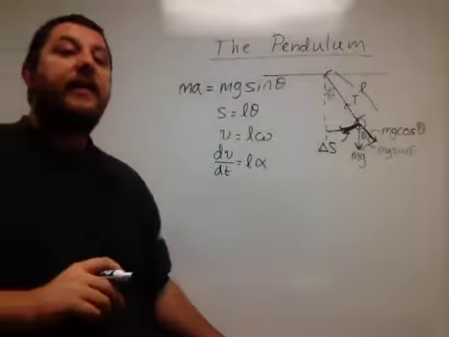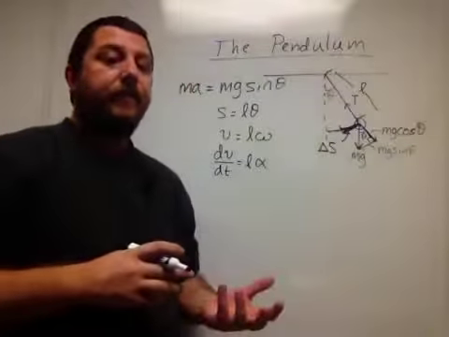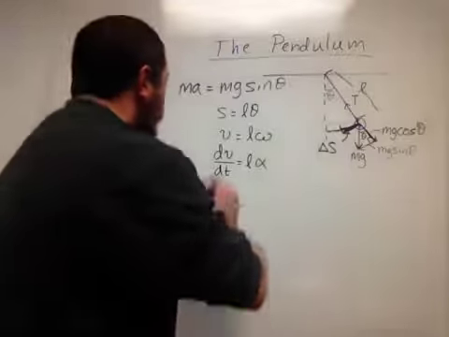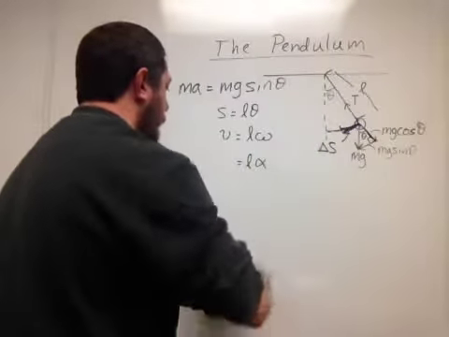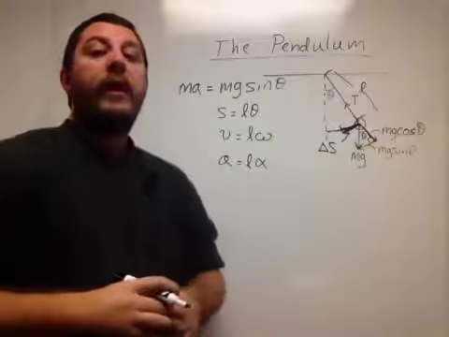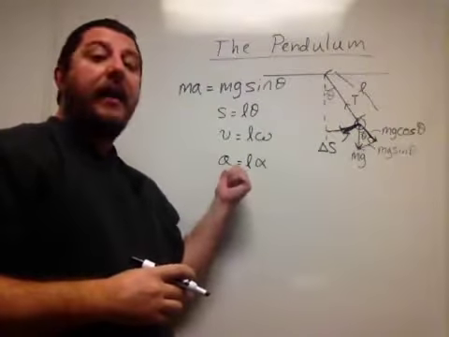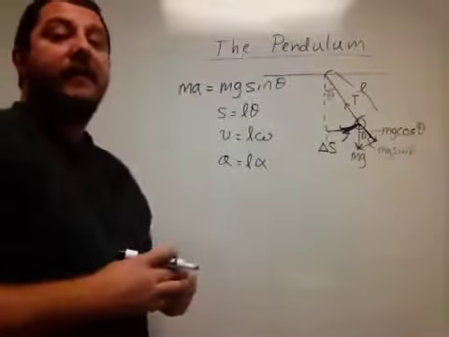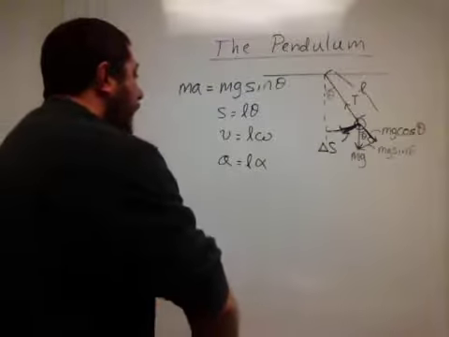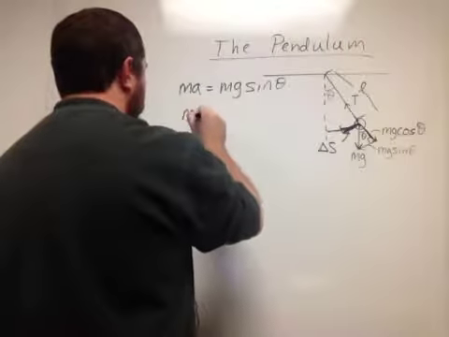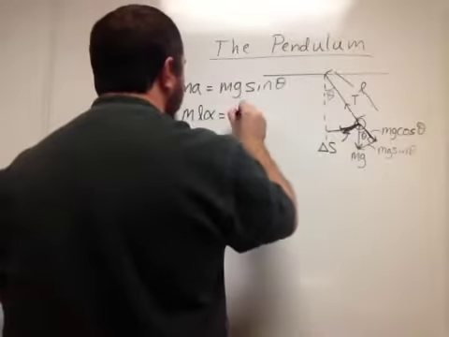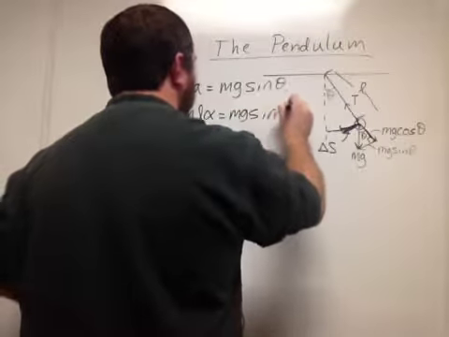So dv/dt equals L alpha. So what I can do, since this equals a, I can plug this into this equation, and I'll get m L alpha is equal to m g sine of theta.